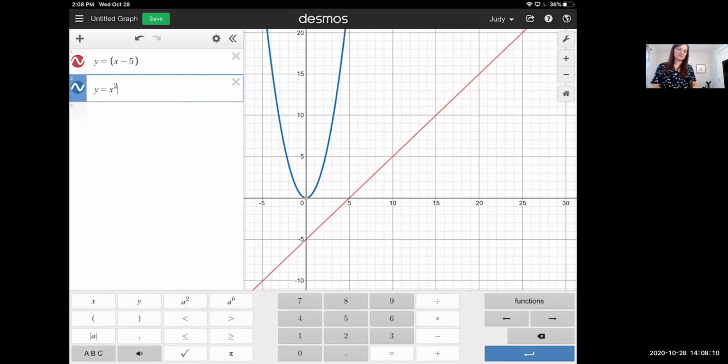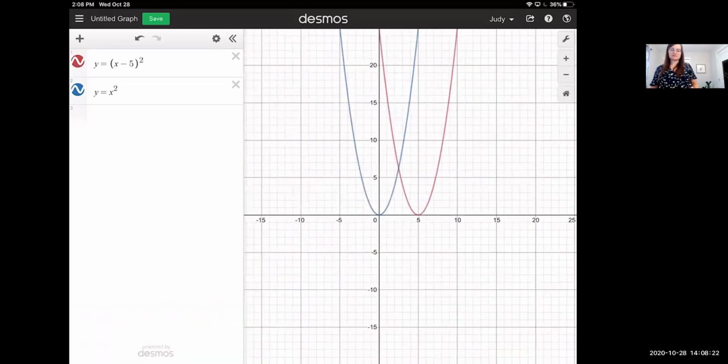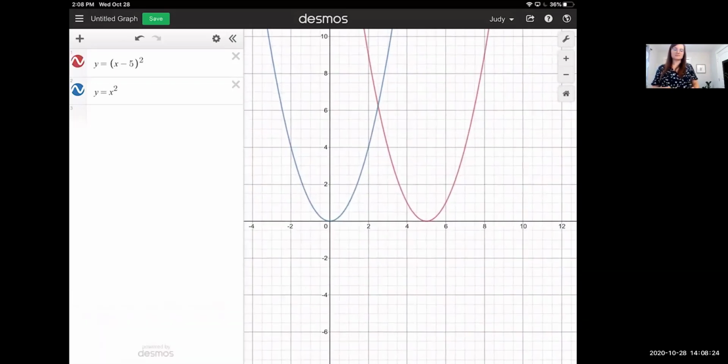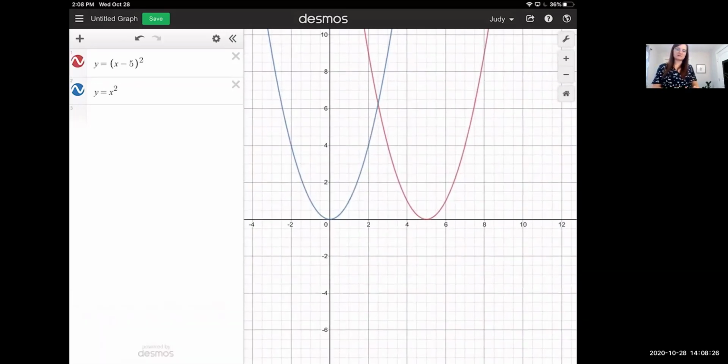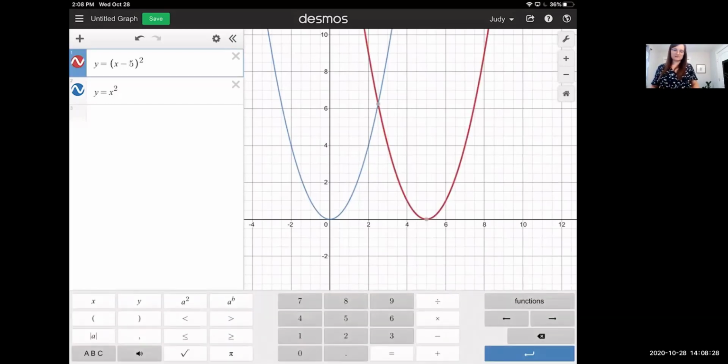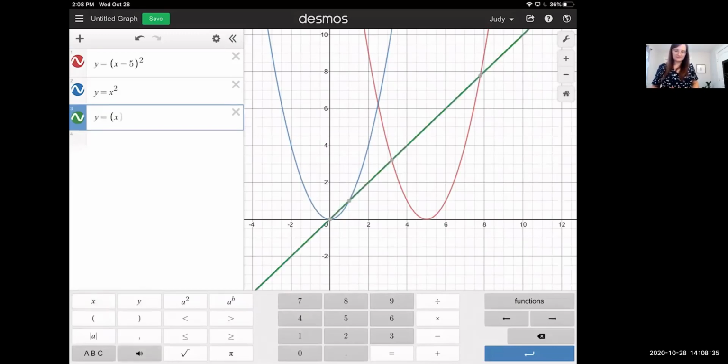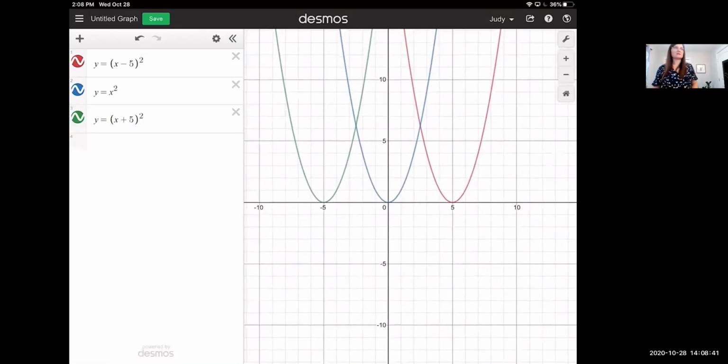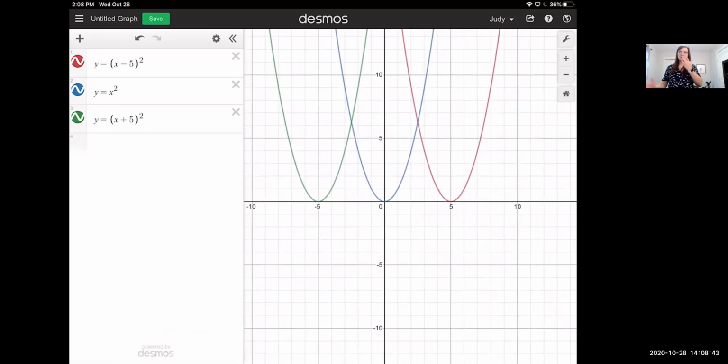What's going to happen if I do x minus 5 and then squared? Okay, it went to the right by 5. See that? But if I went plus, it's going to go left 5. Okay, so we're just learning how to go left and right now.